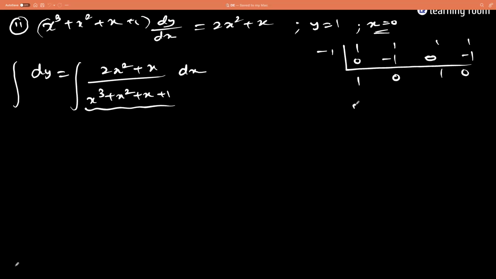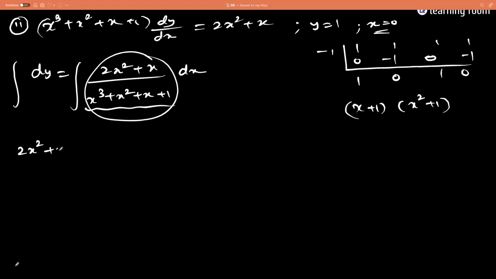So you will have (x plus 1) into (x square plus 1). Yeah. So this thing is there, no? So we can write it as (2x square plus x) divided by (x plus 1) into (x square plus 1). Right.